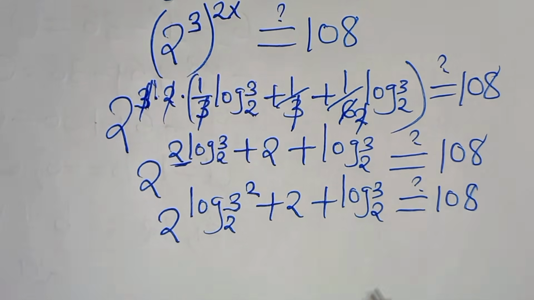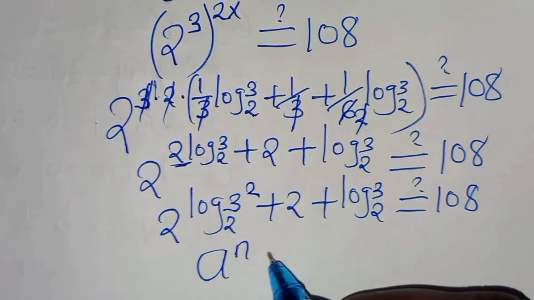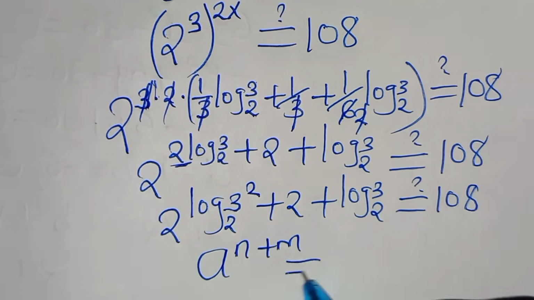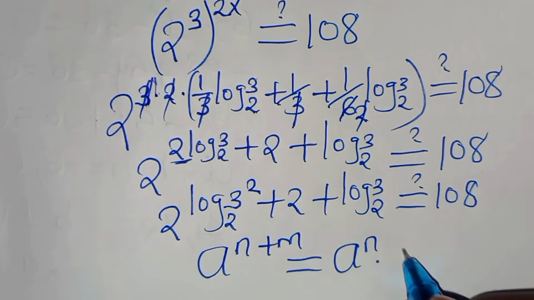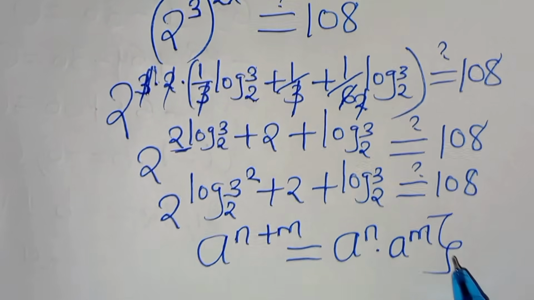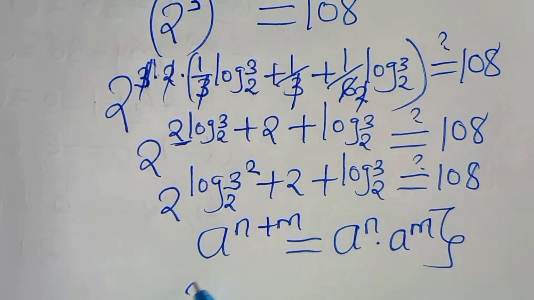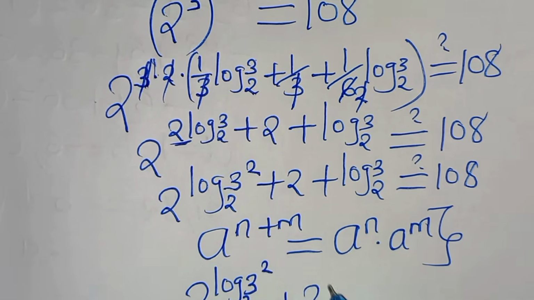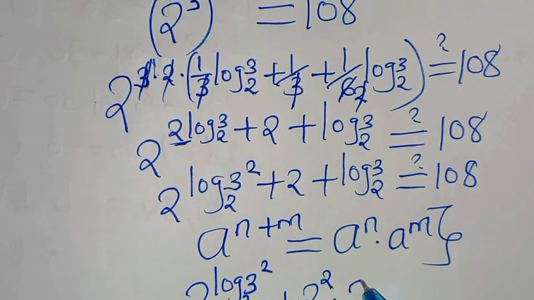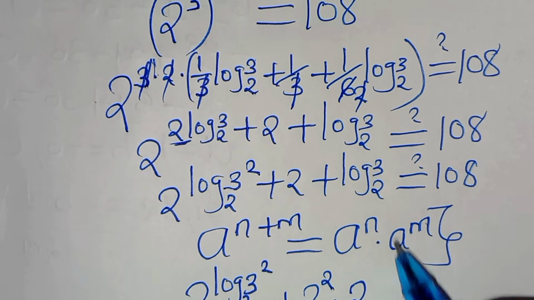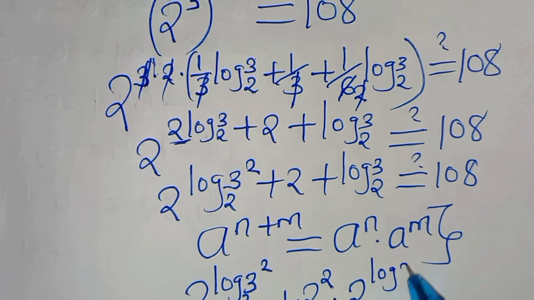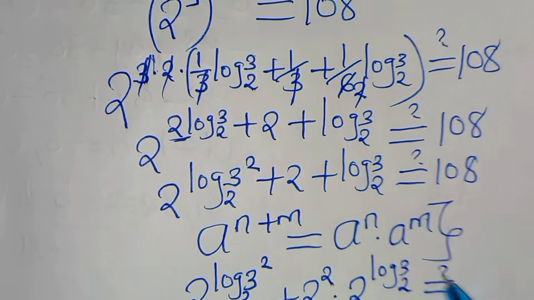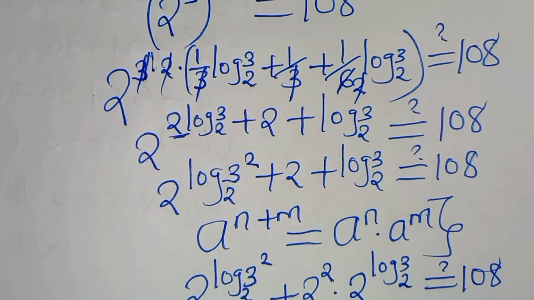Now this is in the form of a to the power of n plus m, which we can express as a to the power of n times a to the power of m. Applying this exponent property, we have 2 to the power of log 3 to the power of 2 to base 2, then plus 2 to the power of 2 multiplied by 2 to the power of log 3 to base 2. This should give us a value of 108.